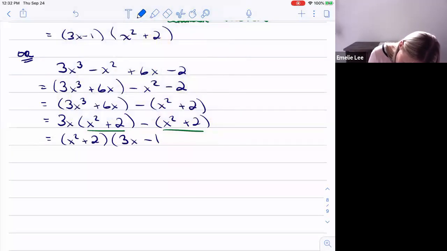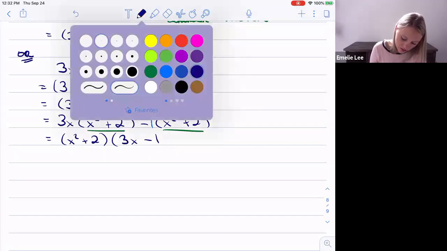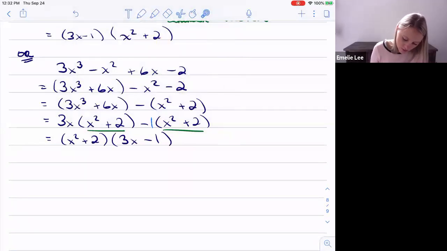Remember, if you've got a minus here, it's technically minus 1 times x squared plus 2. So you don't want to forget about that because it's just a little placeholder for when you expand this out again.